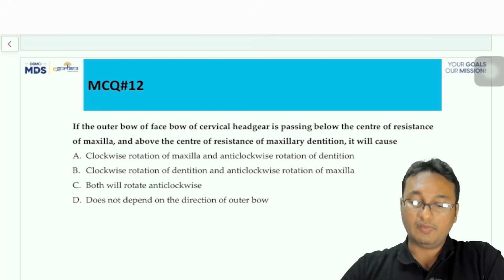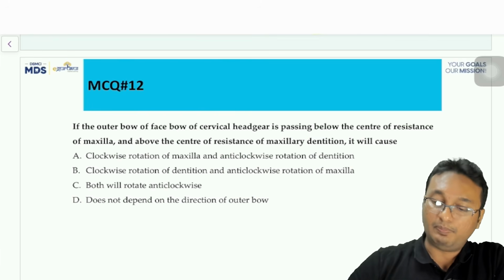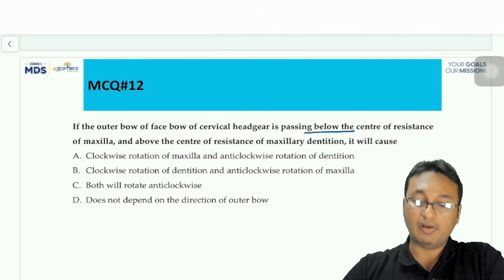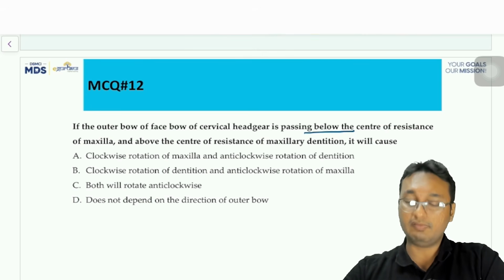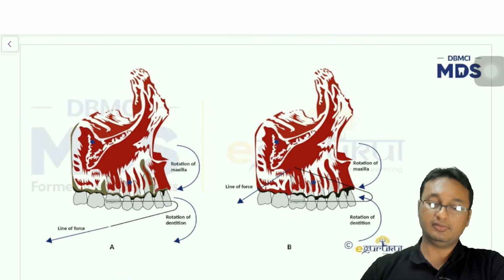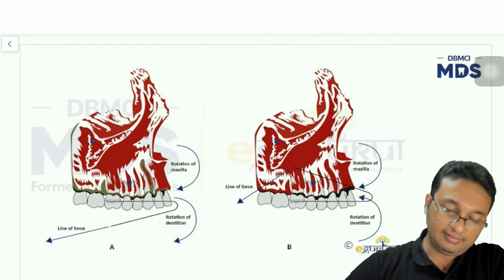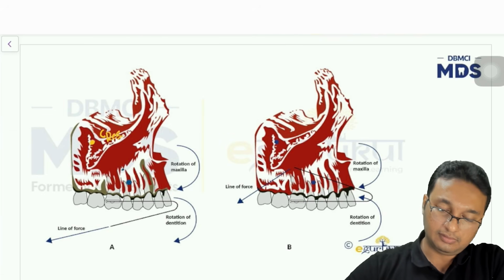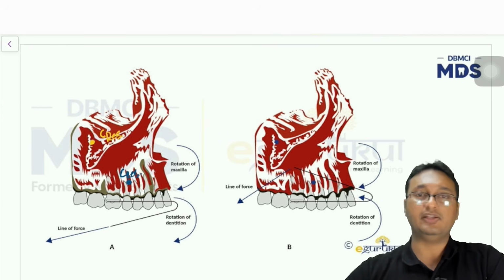If the outer bow of the face bow for cervical headgear is passing below the center of resistance of maxilla and above the center of resistance of the maxillary dentition, it will cause. Now it's a conceptual question. Let's look at both scenarios. Now this is the center of resistance of the maxilla, and we have the center of resistance of the maxillary dentition.